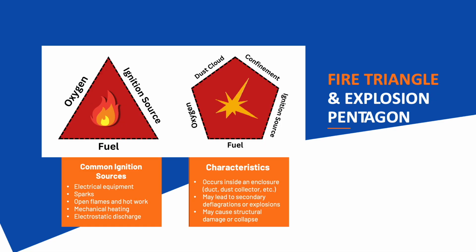But once you enclose it in a baghouse or a ductwork or a silo, now you have all five risk factors for an explosion. So as we get into Joe's part, we're going to talk about fire protection and explosion protection. But really the factors that go into those are the three for fire and the five for explosion, which include the confinement and dispersion. Next slide.